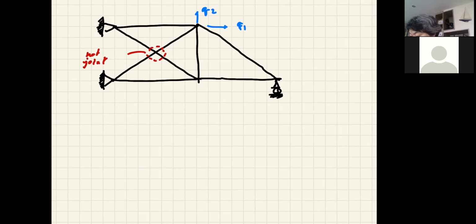Then we have Q3, then Q4, and this is a roller, which means you are free to move in the horizontal direction. So we have 5 degrees of freedom, which means you need a 5 by 5 stiffness matrix of the structure.